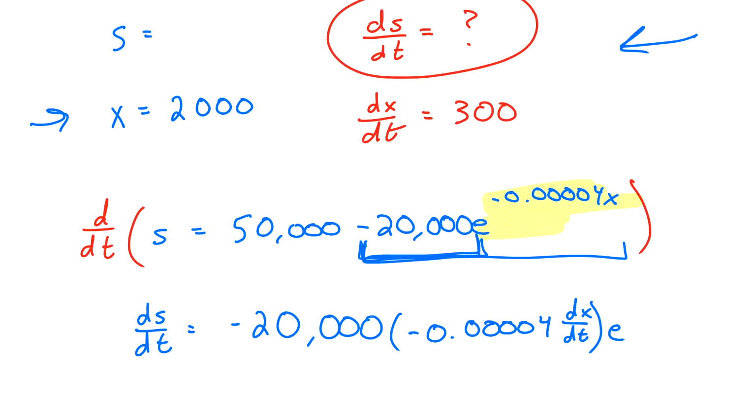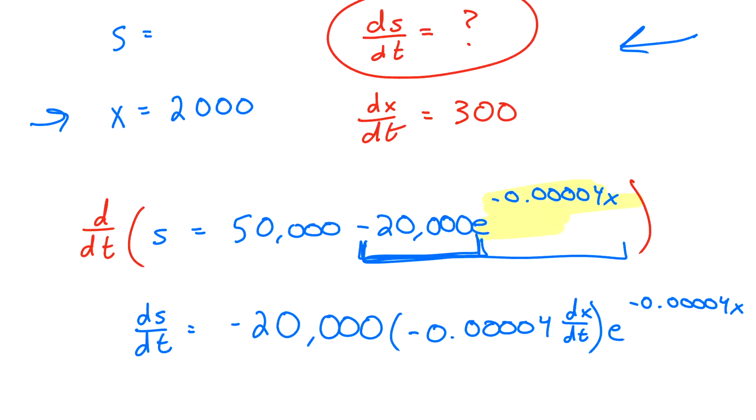We're still going to have e to the negative 0.00004x power. So here is my derivative. You can sort of think about this as our u prime times e to the u for our chain rule, if you need to go back and review that. But here is our derivative.